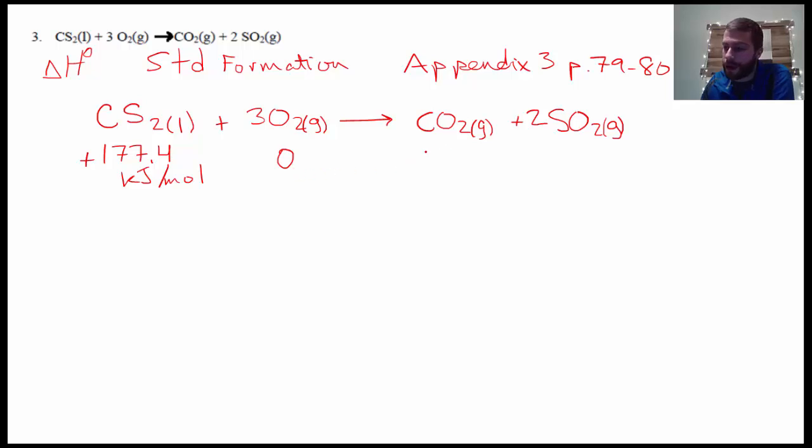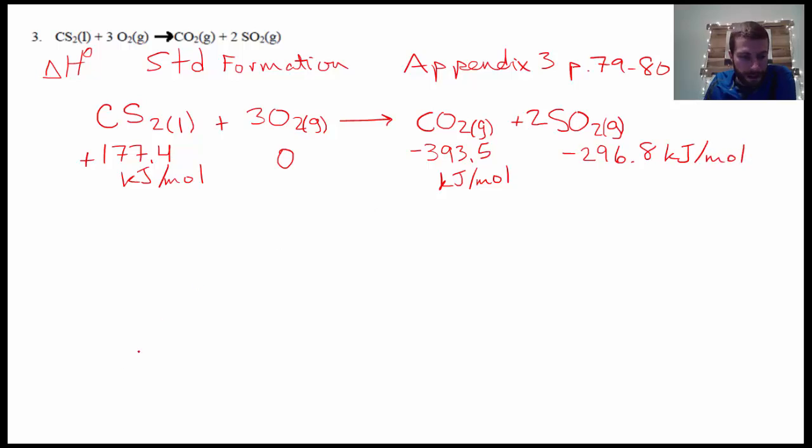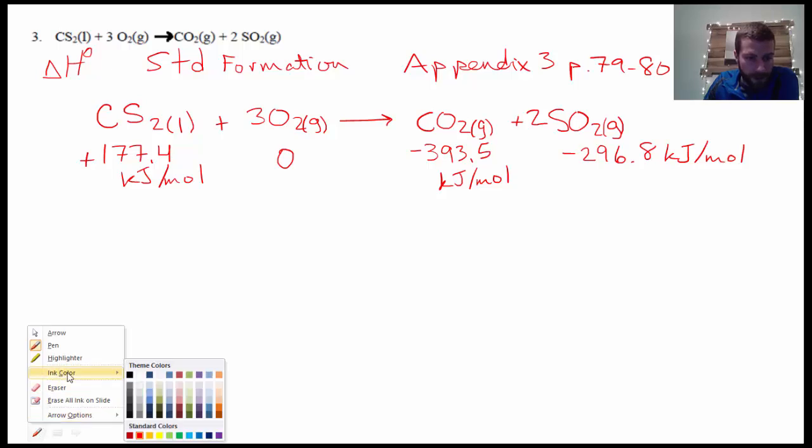Carbon dioxide gas is listed at negative 393.5 kilojoules per mole, and SO2 gas is negative 296.8 kilojoules per mole.